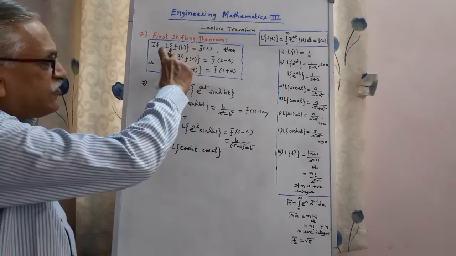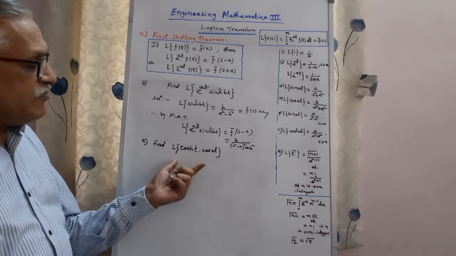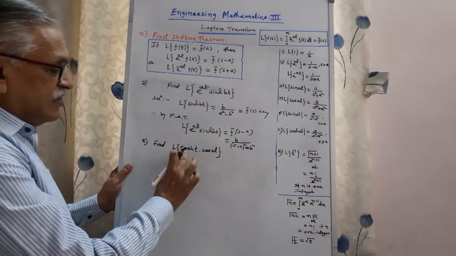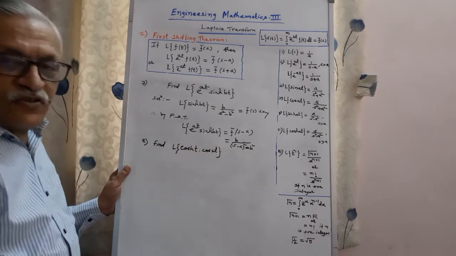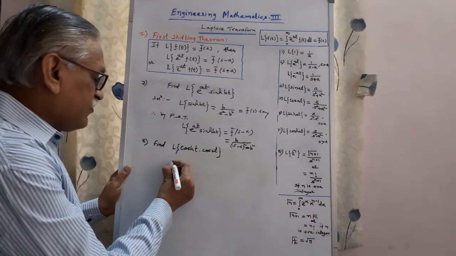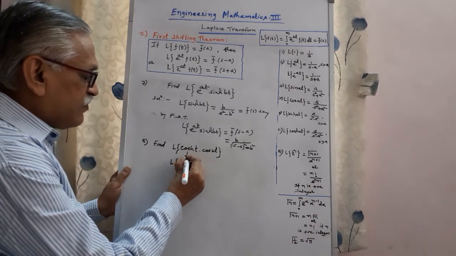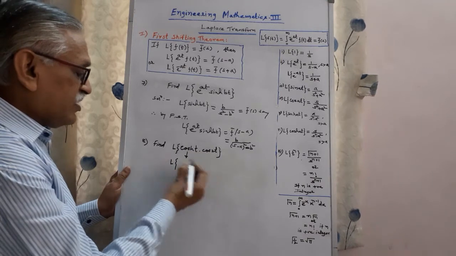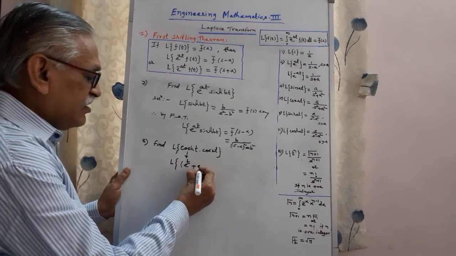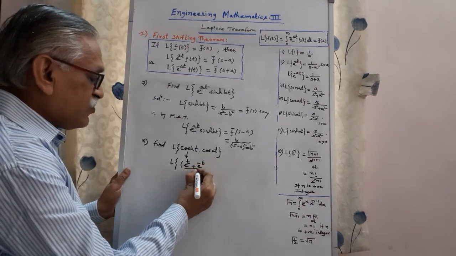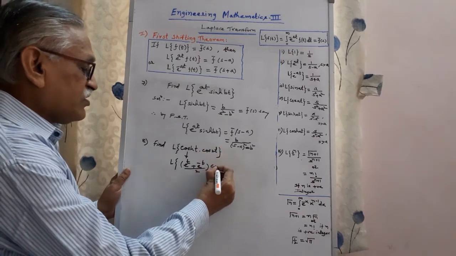It is not in the form of exponential e raised to at or minus at, but we can convert cosh t into its equivalent exponential form. Therefore I will rewrite this problem, replacing cosh t by e raised to t plus e raised to minus t by 2, into cos of 2t.